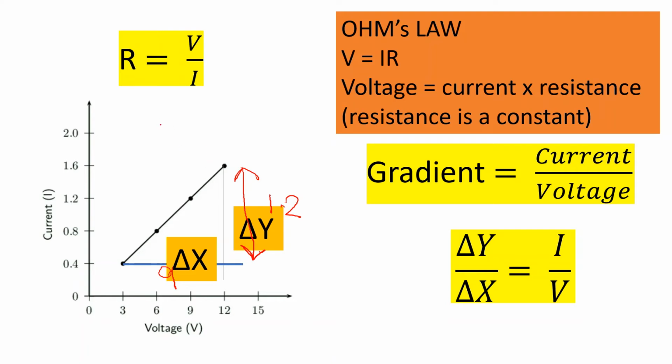So the gradient will be 1.2 divided by 9. So the gradient we got is 0.13.